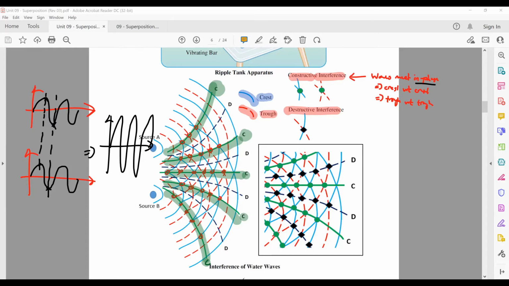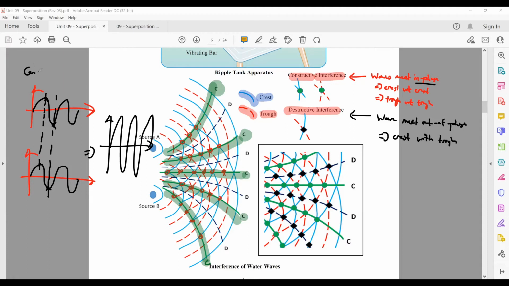In between those regions of constructive interference, you would have regions of destructive interference. When you're talking about destructive interference, I mentioned that the waves meet out of phase, which in turn means it is crest with trough.